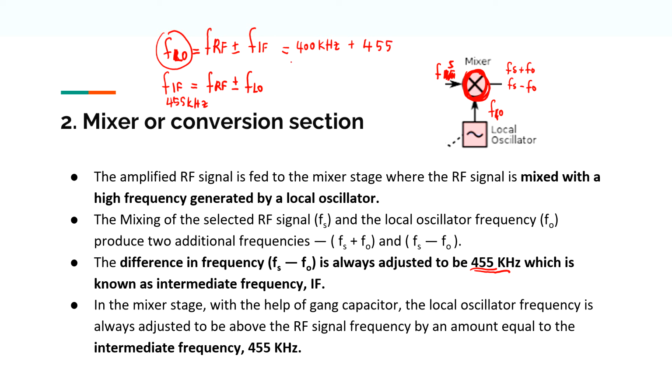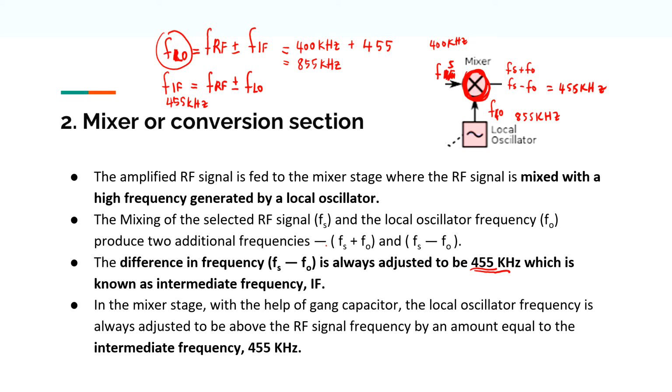So the FLO that we should use here is 855 kilohertz. Because if the FLO is 855 kilohertz and Fs is 400, the difference between them is 455 kilohertz.